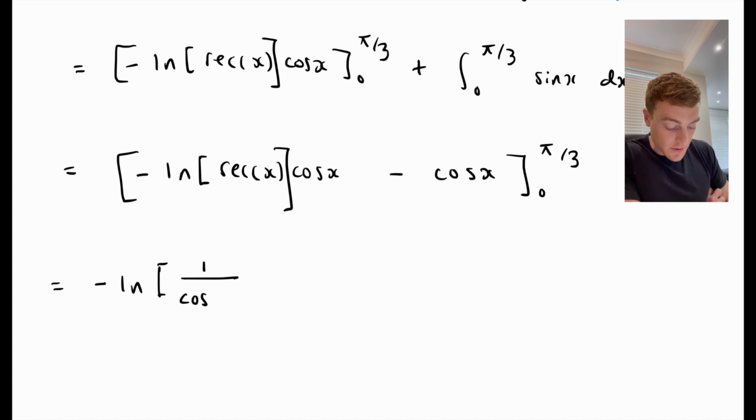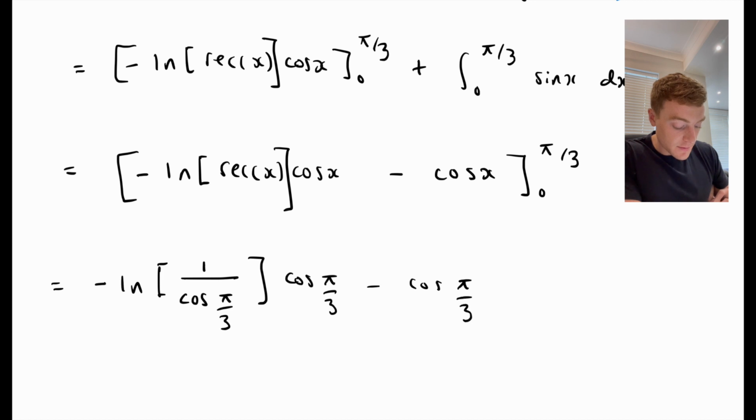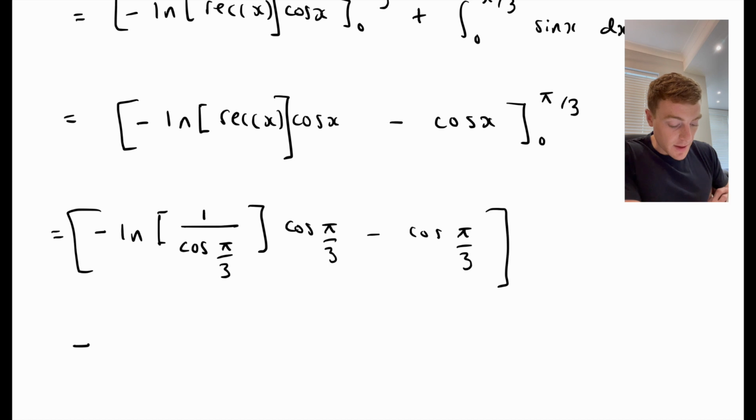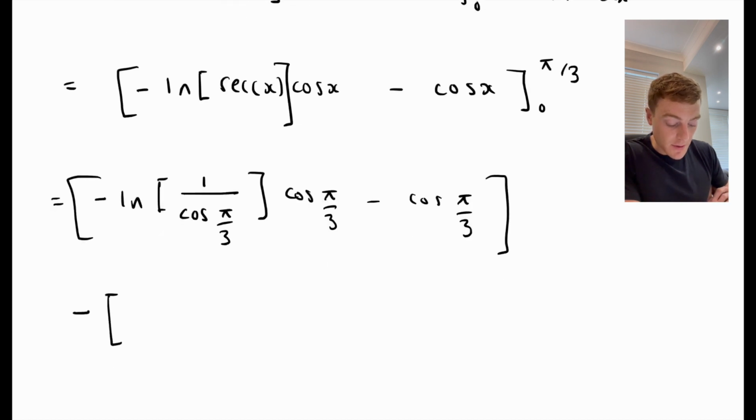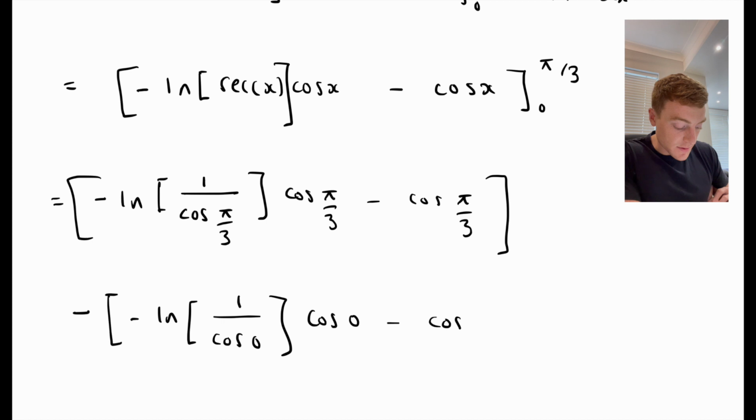So minus ln of 1 over cos pi over 3 times by cos pi over 3, minus cos pi over 3, take away, now evaluating the lower limit, minus ln of 1 over cos 0 times by cos 0 minus cos of 0.